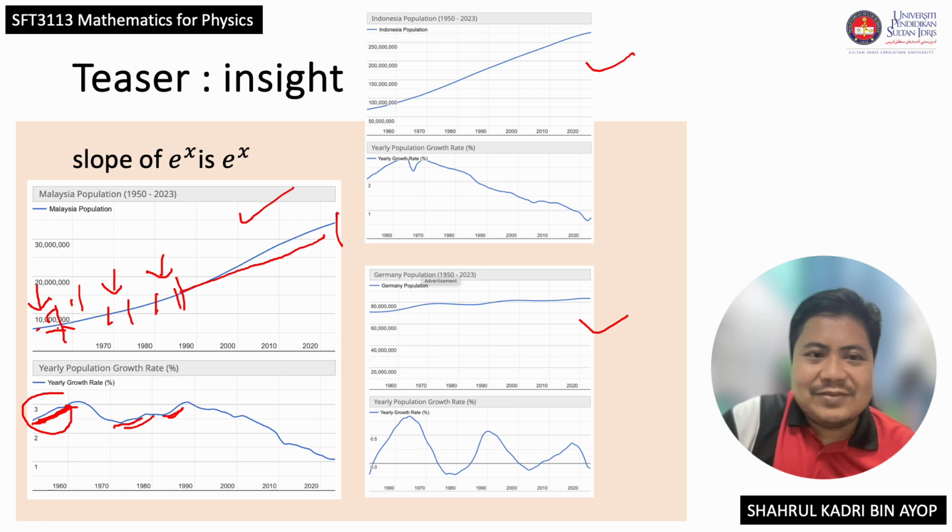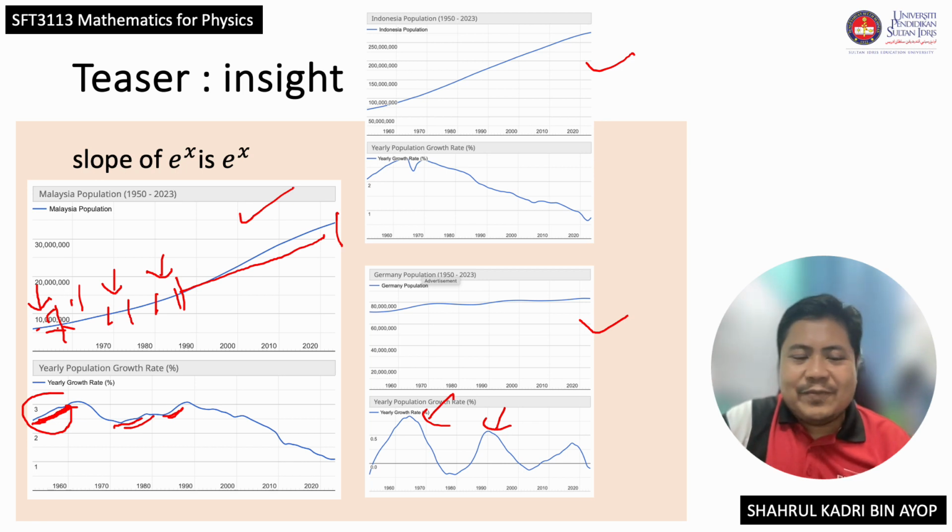It is interesting to see that Germany's population is not increasing, and the growth is also jumping up and down. So there must be something happening here. So we can use another method to describe the population profile for each country. We'll go to the next lesson about the logarithmic graph. Thank you.